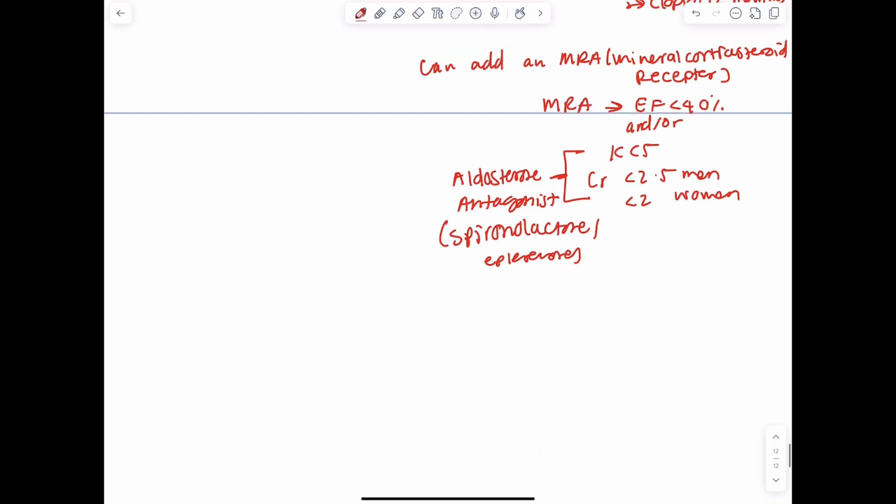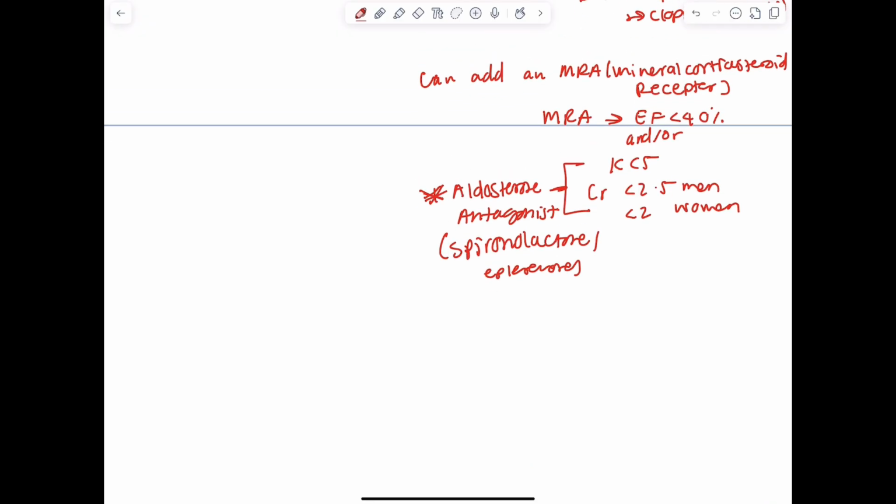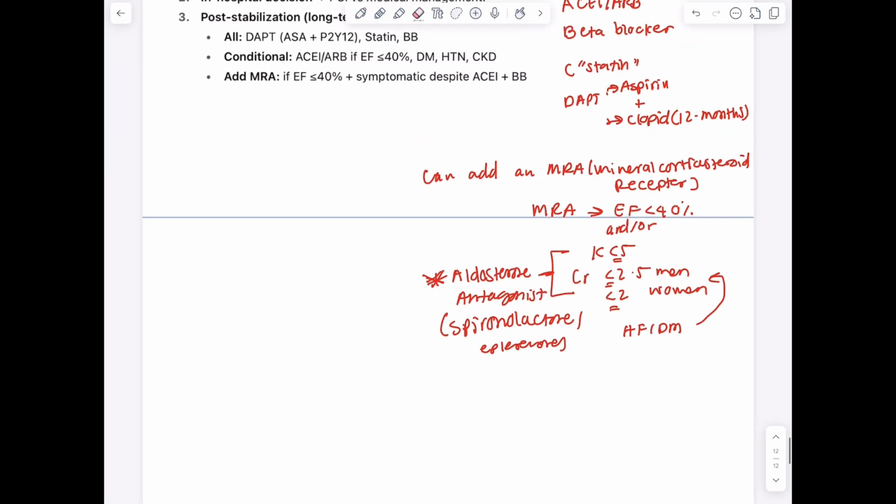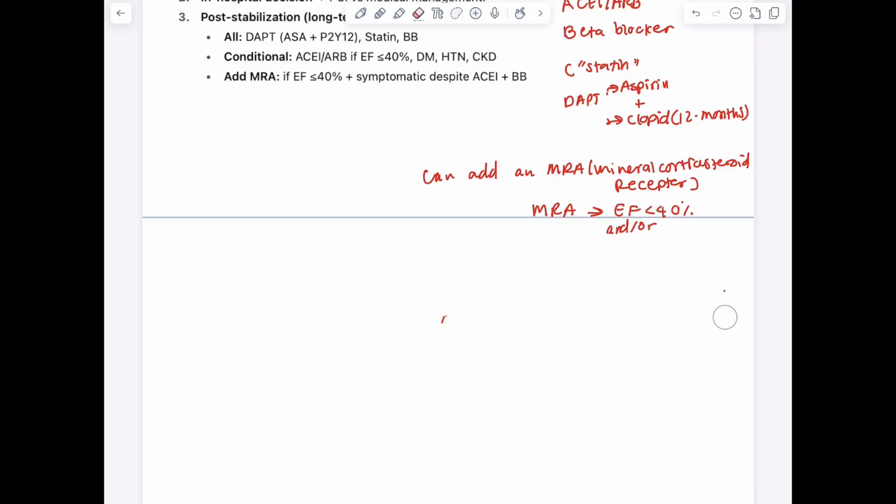Okay, so you add this only if they have low ejection fraction, they have heart failure or diabetes, and they have these features as well, just to make sure that they can handle it. You can't have super high potassium and super high creatinine and give them spironolactone or eplerenone. So these are just going to be the long-term treatments for both.